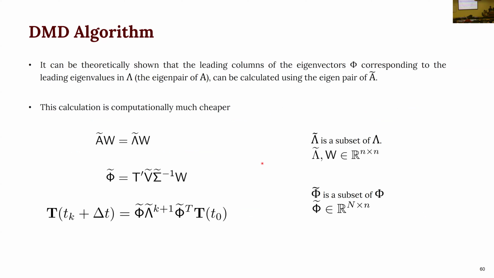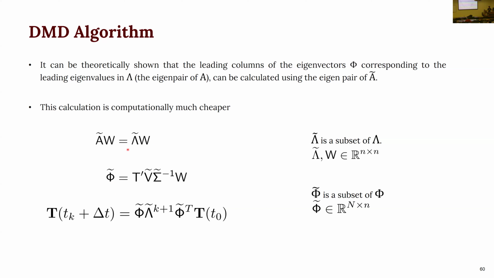It can be theoretically proved that lambda tilde, the eigenvalues of A tilde, is a subset of lambda. And one can obtain phi tilde, the first few columns of phi, the leading eigenvectors of phi, using this expression, where we utilize the eigenvectors of A tilde.